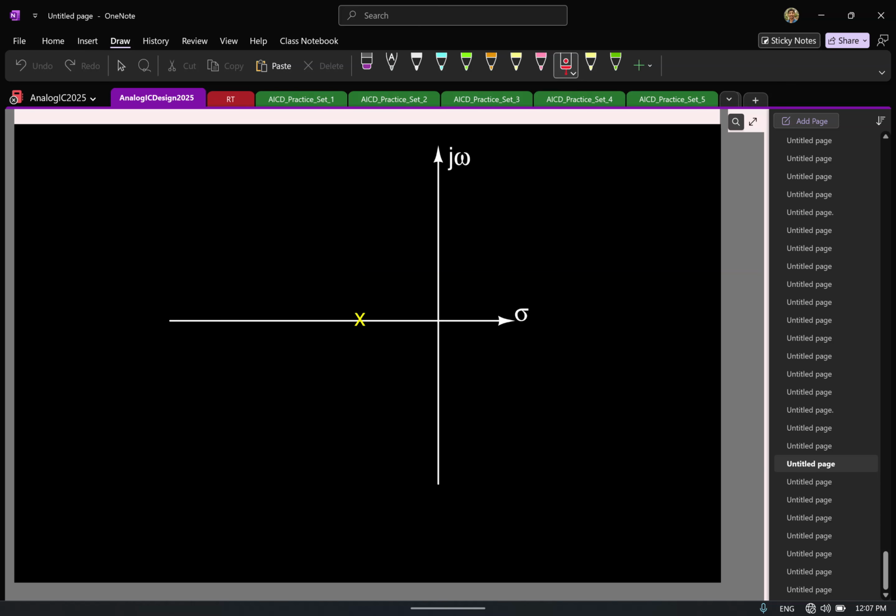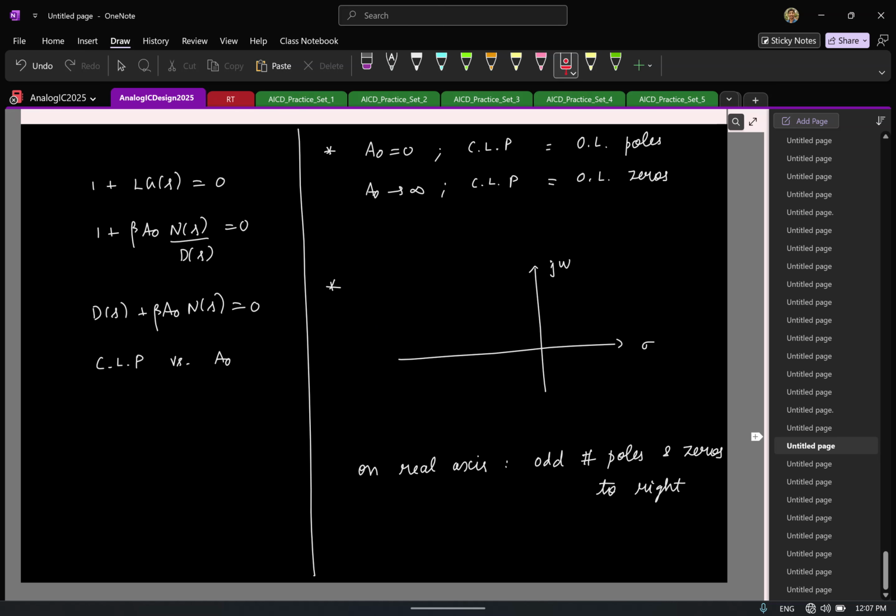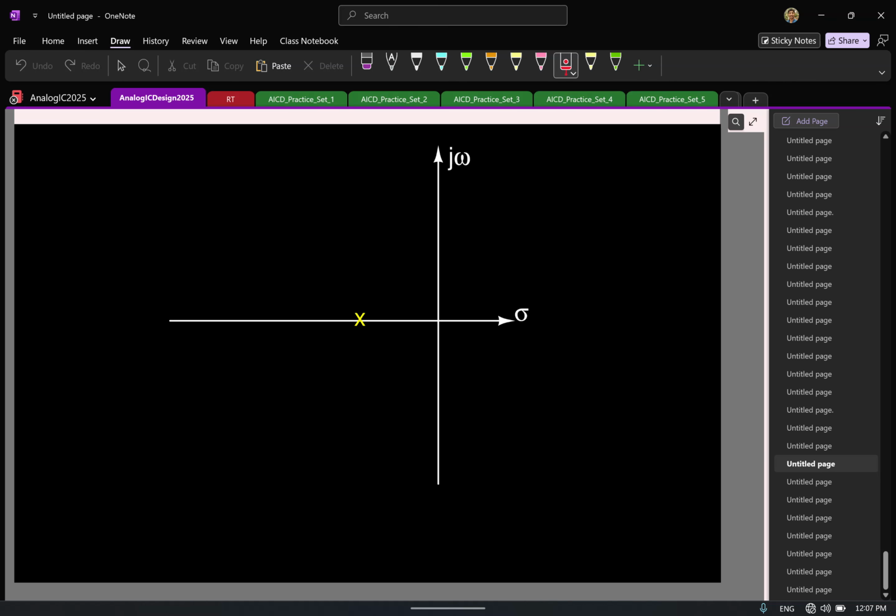Again, for the plot to lie on the real axis, we should have an odd number of poles and zeros to the right, which means in this region I have an odd number of poles. So basically I can have the root locus here. That's it. So this goes to infinity along this line.